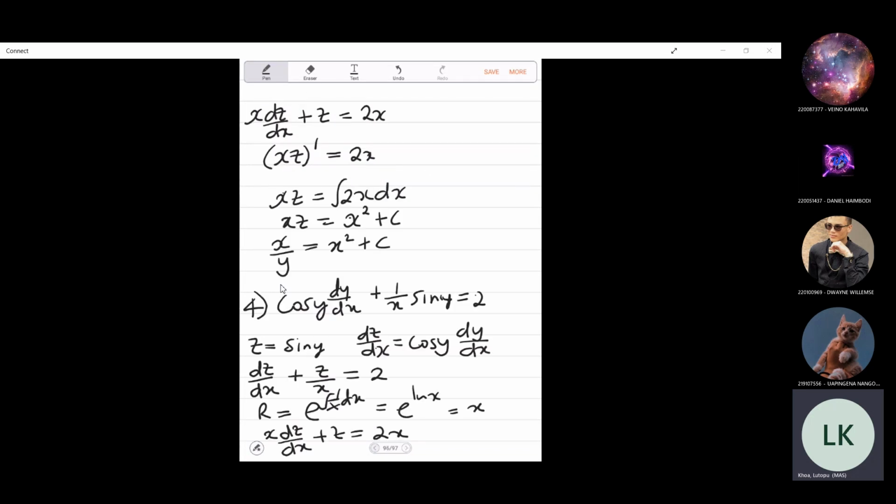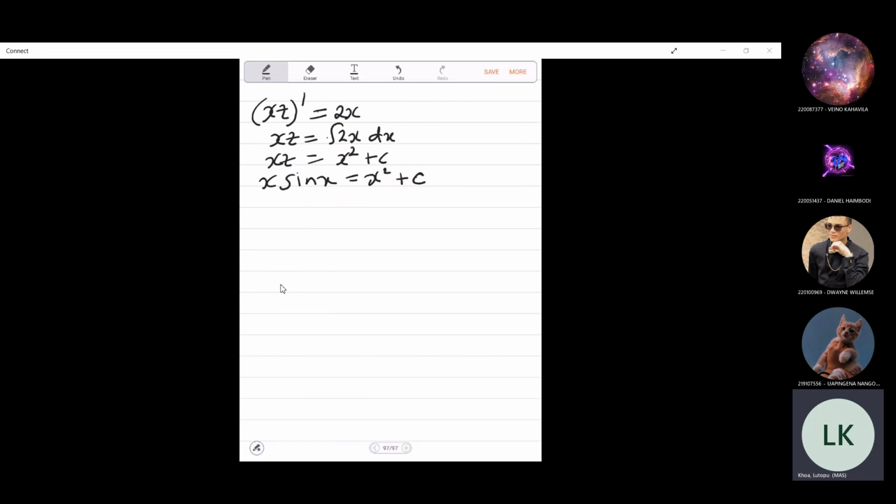This is number 5. We have dy/dx plus y is equal to x y cubed. Okay, so here what we need is we need a function of x on this side only. There shouldn't be a y.